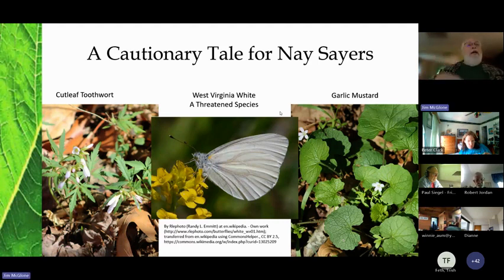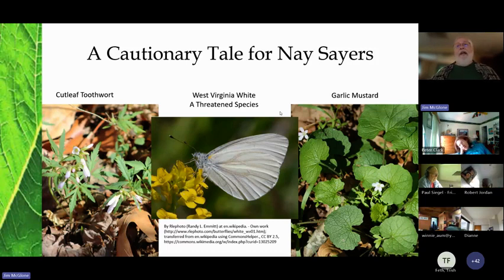Cutleaf toothwort is one of the host plants for this butterfly. It's a native. I took that picture down at Mason Neck. Garlic mustard is also a plant that they lay their eggs on, but it is a non-native invasive plant.